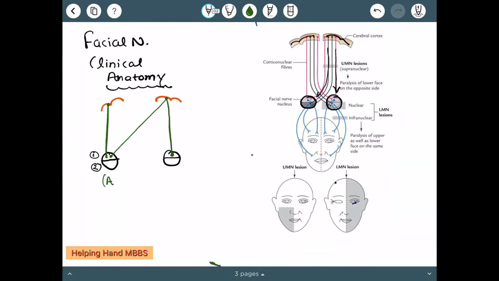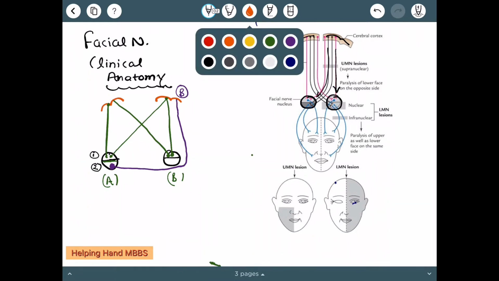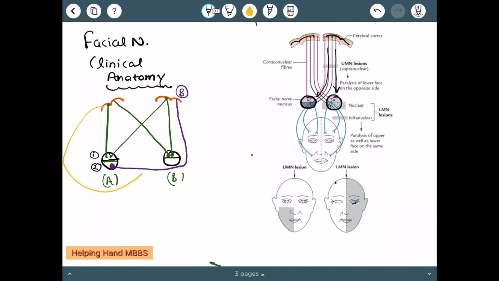Let us assume this motor nucleus is A and this is B. The upper part of this facial nucleus gets fibers from both cortices, and here also the upper part gets fibers from both cortices. The lower part gets fibers only from the opposite cortex. Cortex B supplies the lower part of the opposite facial nerve nucleus, and the same with this one, this will supply this one.